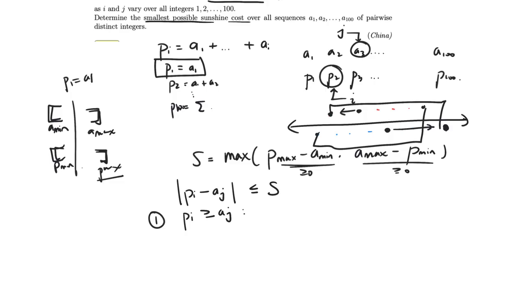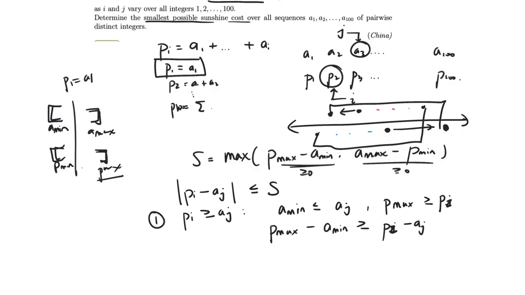So it's very clear that since we have A min is less than or equal to AJ, and we have P max is greater or equal to PJ, we know that P max minus A min is greater or equal to PI minus AJ. Sorry, I wrote PJ, it should be PI.